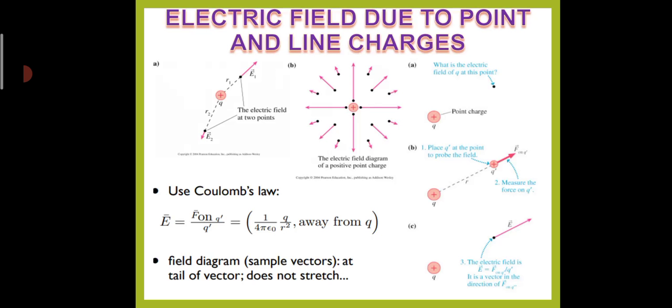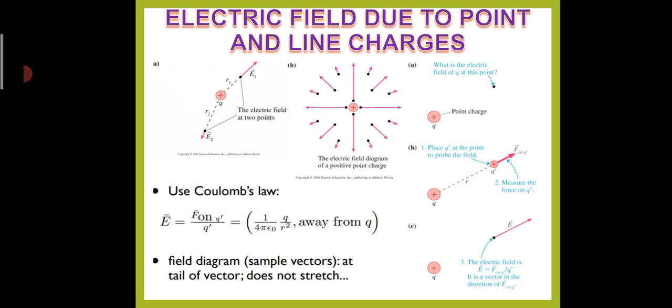The electric field around a charged object is represented using imaginary lines of force called electric field lines. For a positive charge, these lines spread radially outward from the charge. In contrast, for a negative charge, the lines are directed inwards towards the charge.